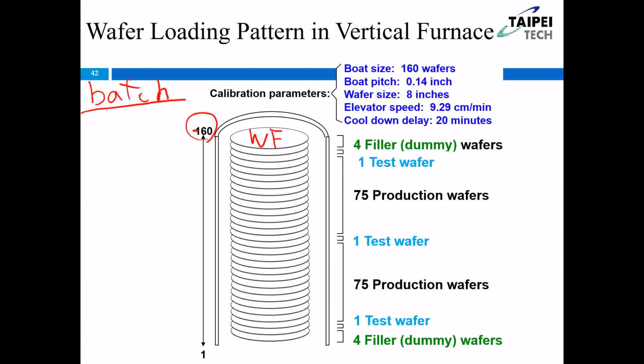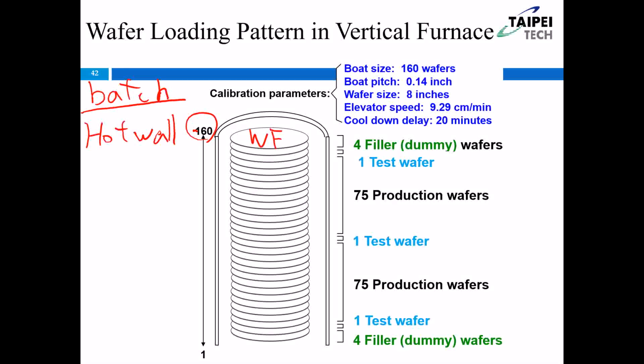And also, it's a hot wall system for the furnace, because the whole chamber, the whole quartz tube, has the same temperature, not only the silicon wafer has the same temperature as the quartz tube, okay? So that's the reason we call it a hot wall system.